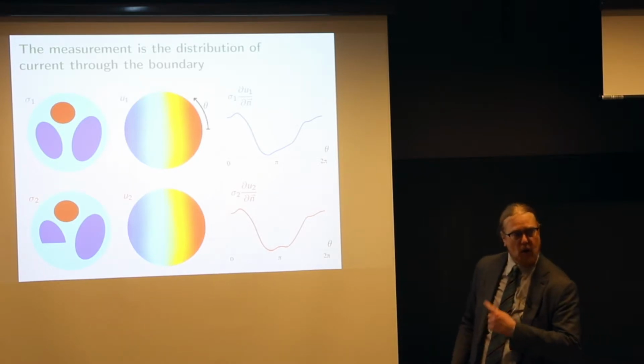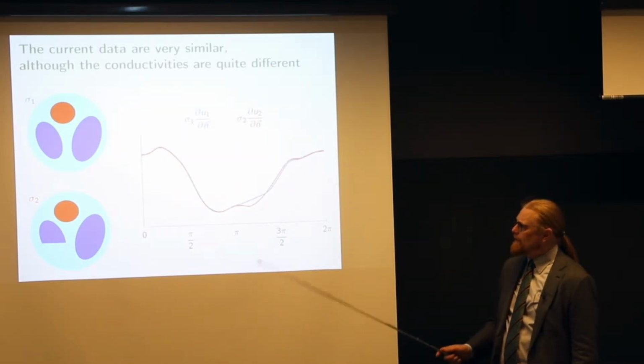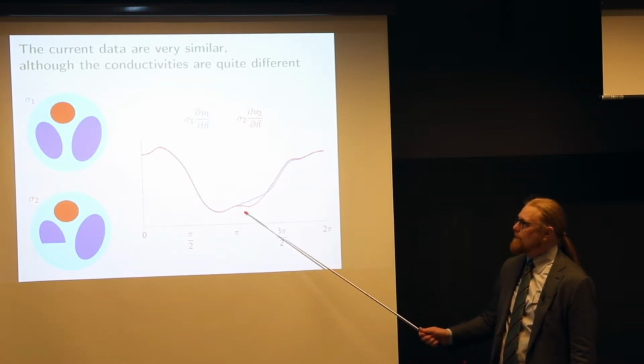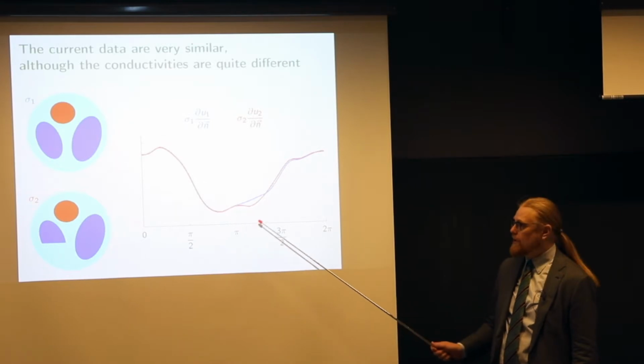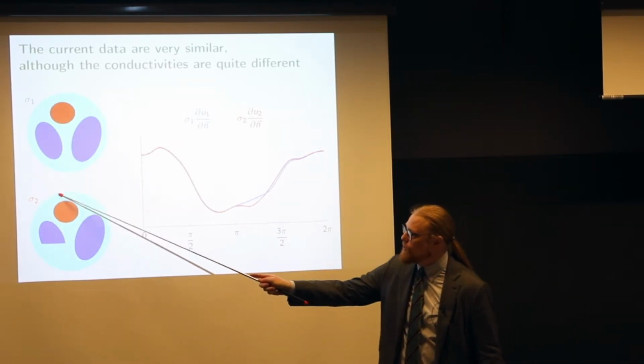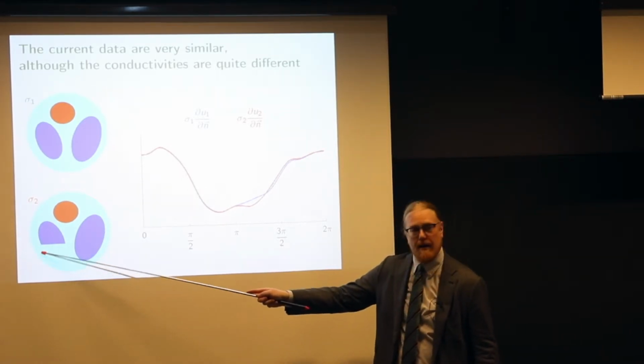Rather similar. Let me overlap these two measurements for you. And we see that here at an angle a little bit bigger than pi we see some difference. Elsewhere not so much. And why this angle? Well, this is 0, pi over 2, pi, and in this area is the little over pi angle.